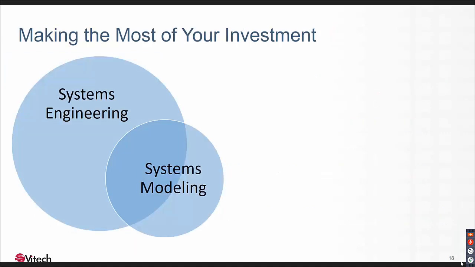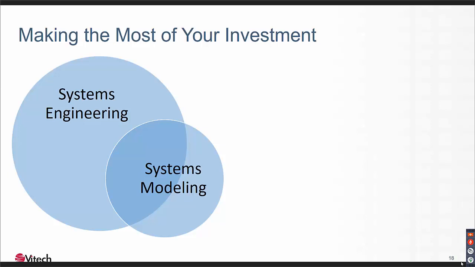Now, a little guidance on how you make the most of your investment. Systems modeling does not equal systems engineering. That fact seems to be lost on many today. Many people are just prioritizing systems modeling over everything else, thinking that, well, since we're doing model-based systems engineering, it must be all about the model.